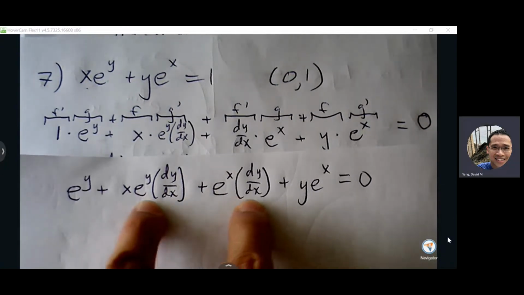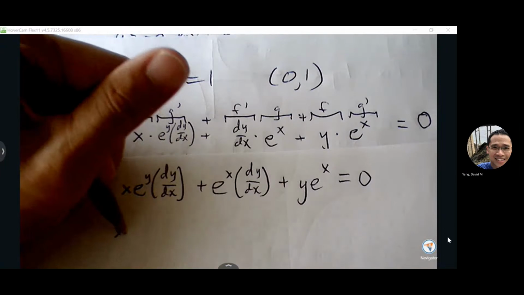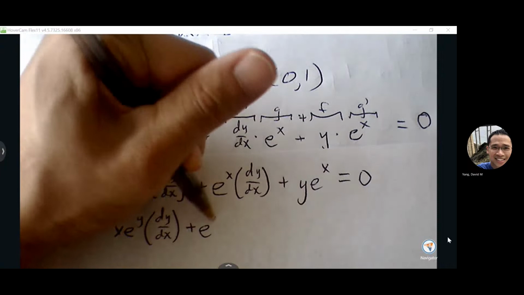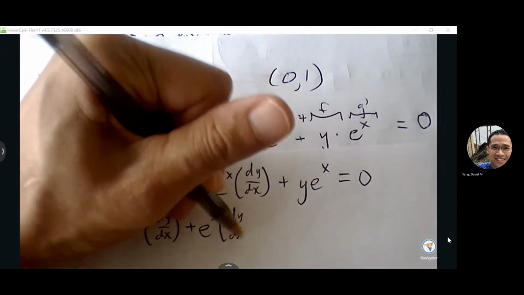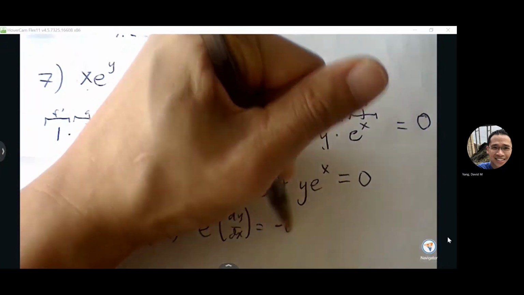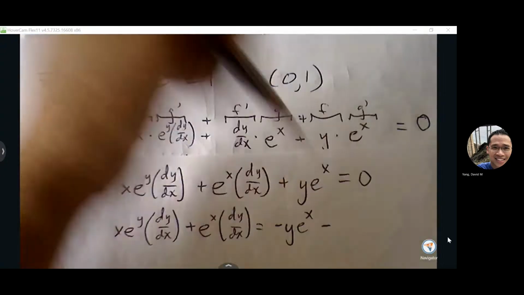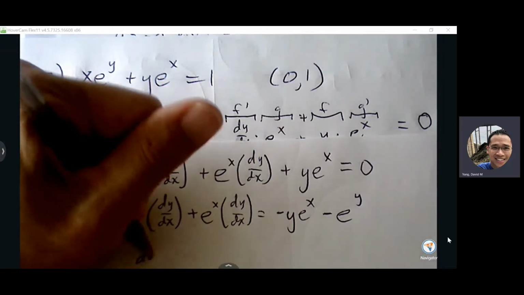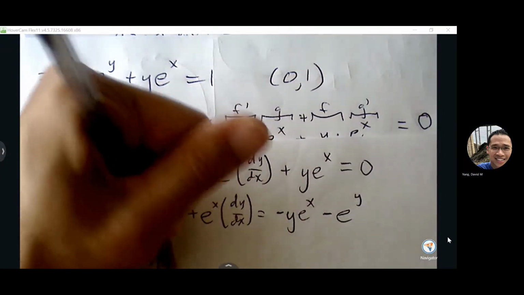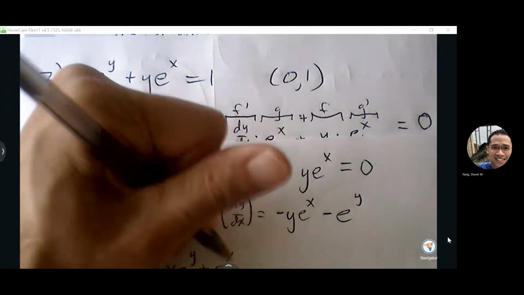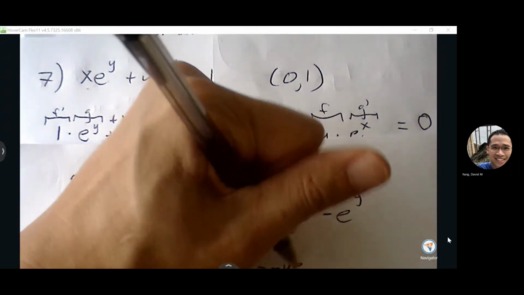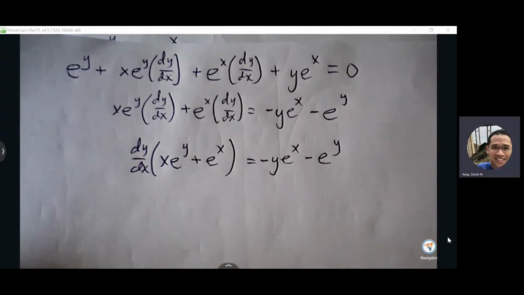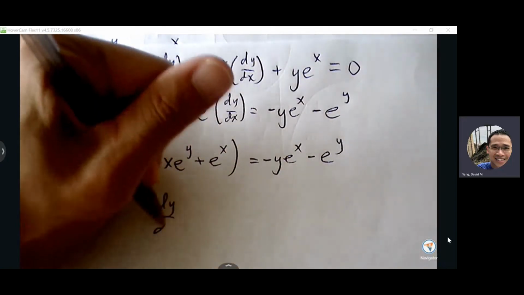I can clearly isolate my dy dx together. Factor out my dy dx. Divide my parentheses over.